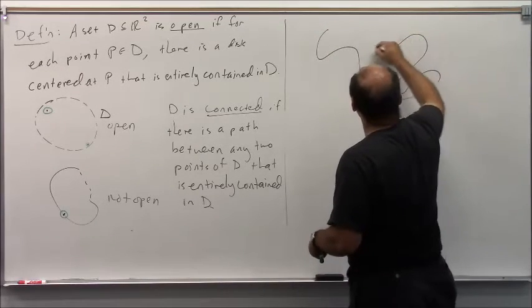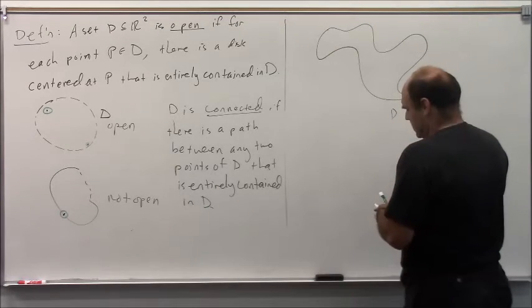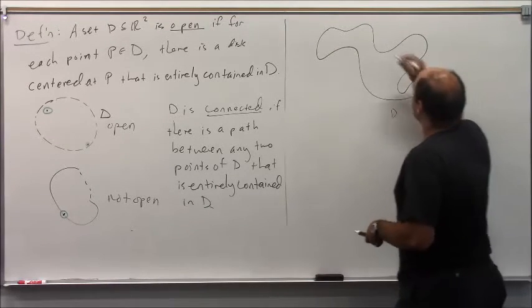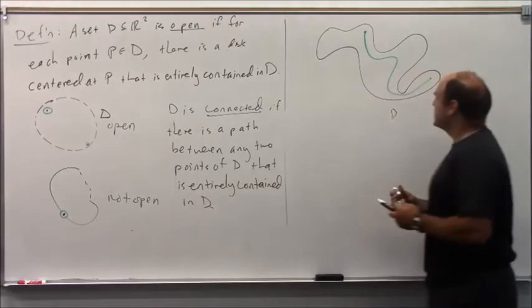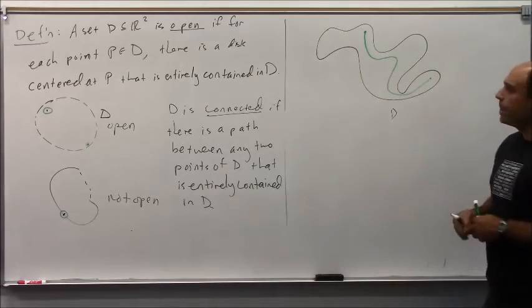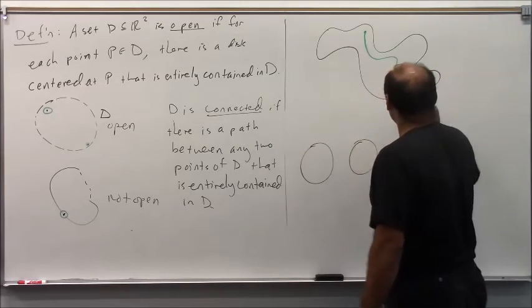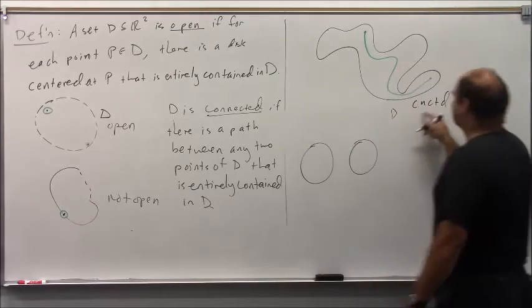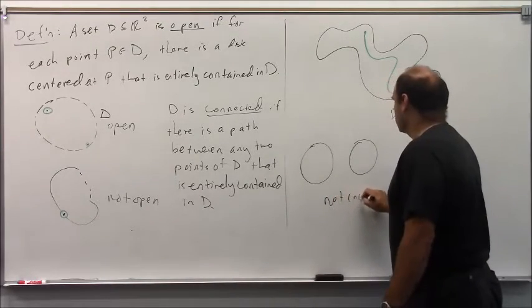So here's one. Here's a set that's connected, because no matter which 2 points I pick, there's a path that stays entirely inside of D and joins those 2 points. But if I take something like this, so this one is connected, this one is not connected.